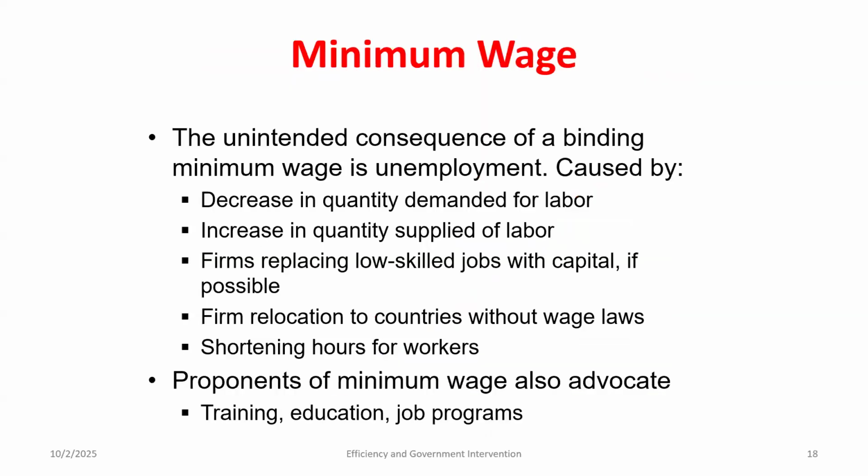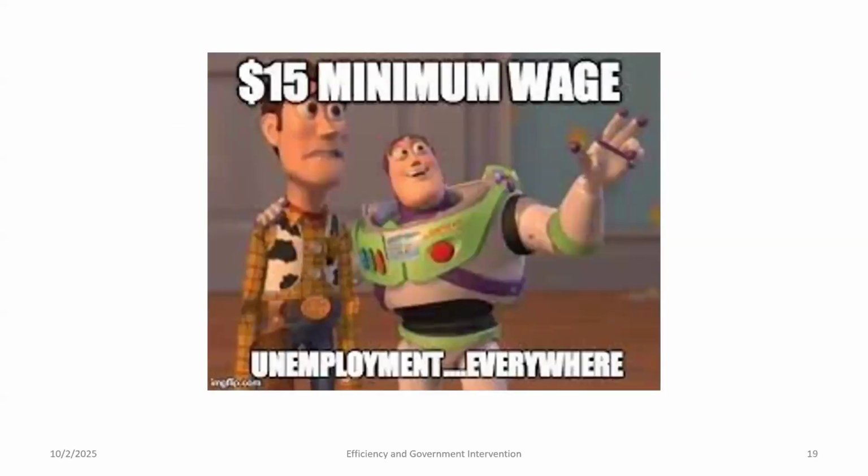Now, we talked about this last class. The example I used for a price floor was the minimum wage. I'll mention at the end of the class, the next Canvas discussion is related to this idea, if we have time. I don't think we probably will, but I hope we do. I'm going to go through an example where I remind us that if a price floor reduces quantity, and we said a minimum wage is a price floor, then a reduction in quantity of labor is just unemployment, right?